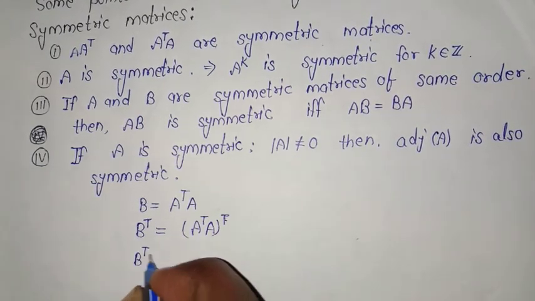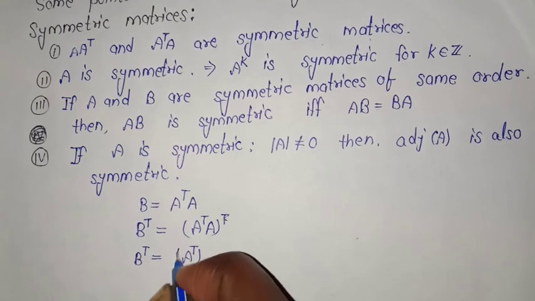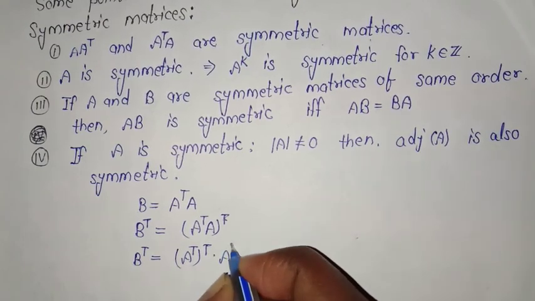So this becomes B transpose equals A transpose into (A transpose) whole transpose.